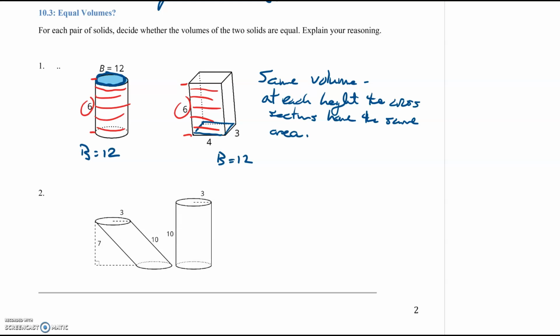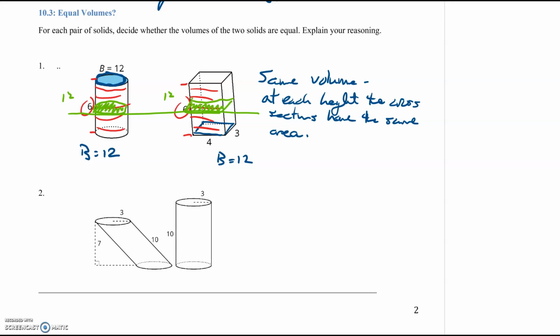So if we take a slice right across here, notice that the area on the right here is going to be 12, and the area on the left here is also going to be 12. And that is true for every single cross-sectional slice that I take from the bottom all the way to the top. So they're going to have the same volume.